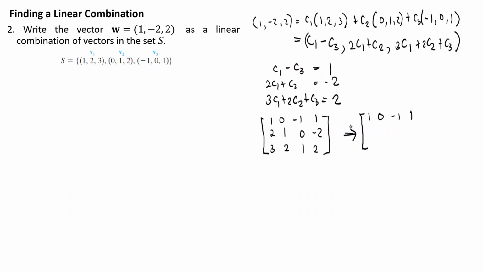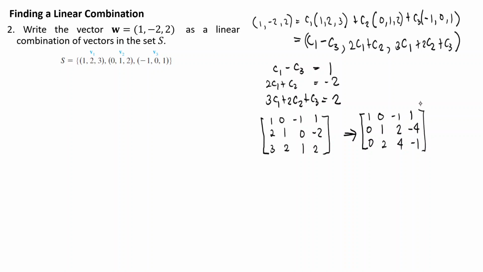So we have here 0, 1, and then that's positive 2 because we'll multiply this by negative 2. And then multiply this by negative 2 and then add to negative 2. So we have negative 4. Also, for this one, we multiply this by negative 3 and then we add to row 3. So this is 0, 2, and then we have 4, then negative 3, so we have negative 1.